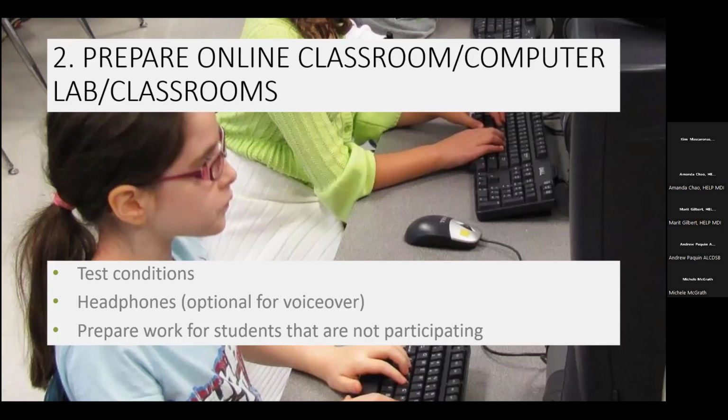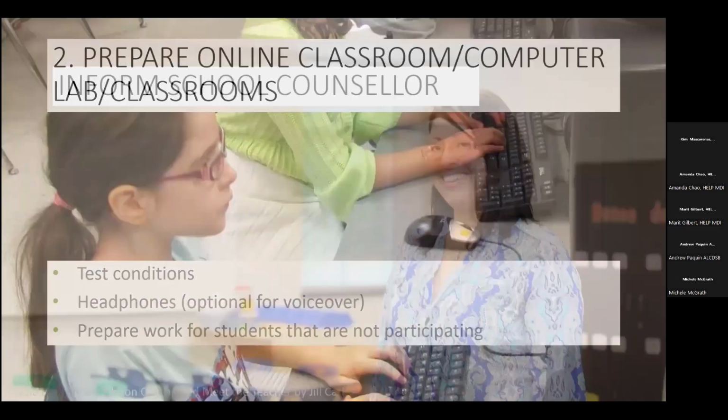Or if, for example, the Chromebooks are already set up in the classroom and you are able to just open the browser right away and make sure that it's in that login page, that's also perfect. We recommend as well informing the school counselor that the survey is taking place just in case anything arises for a student and they wish to speak further about it.